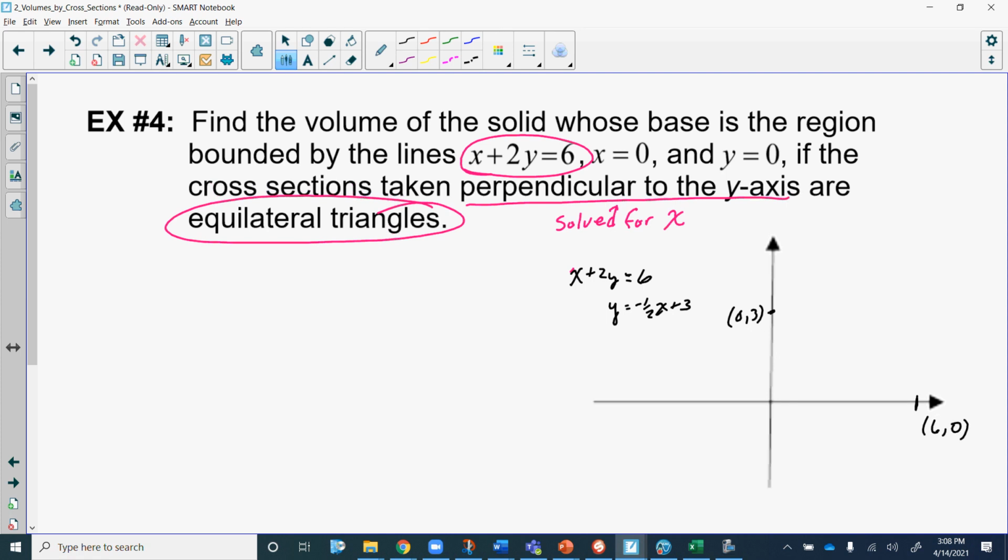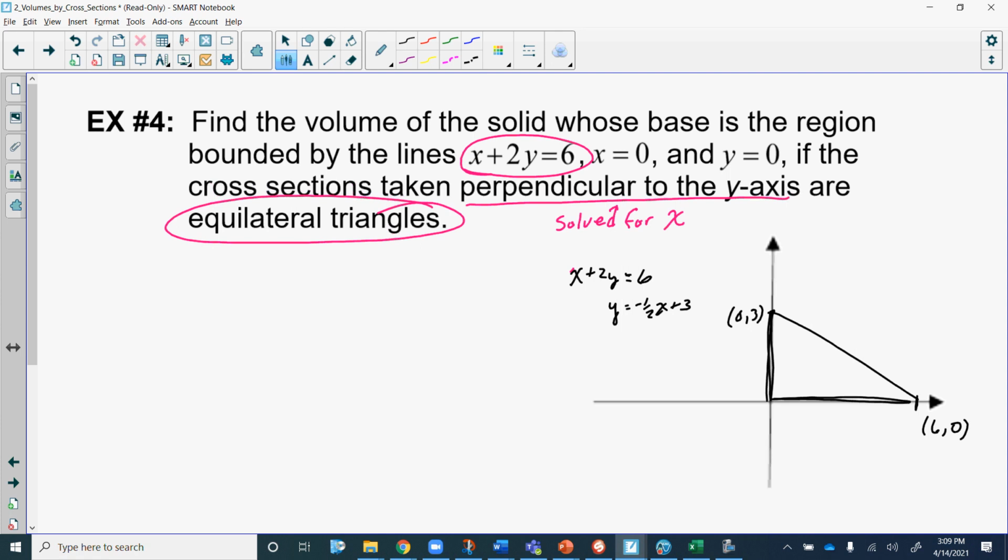And I'm just finding that by substituting 0 in for y to show that x is going to equal 6. So here is the vertical line, and essentially we have that triangular shape because we're looking for when x is equal to 0 and when y is equal to 0.